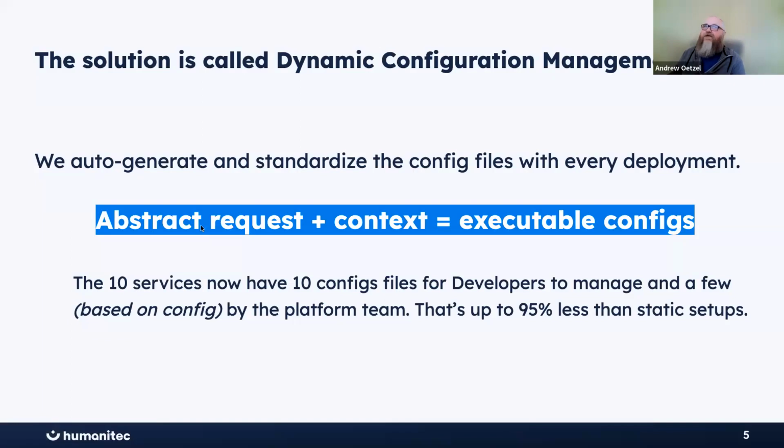That's the abstract request. And then the context, the CI system says, I want to deploy it to development, or I want to deploy it to staging. Or the CD system says, I want to deploy this approved web front end updated version to production. So the abstract request is what you're deploying, and the context is where you're deploying it to.